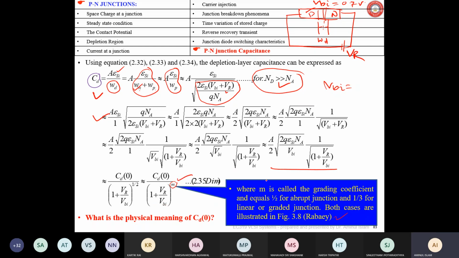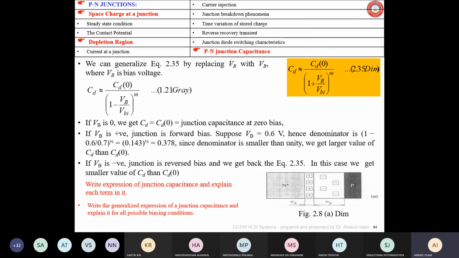M is called the grading coefficient, equal to half for abrupt junction and 1/3 for linear or graded junction. And this has been shown in the figure at the next slide.